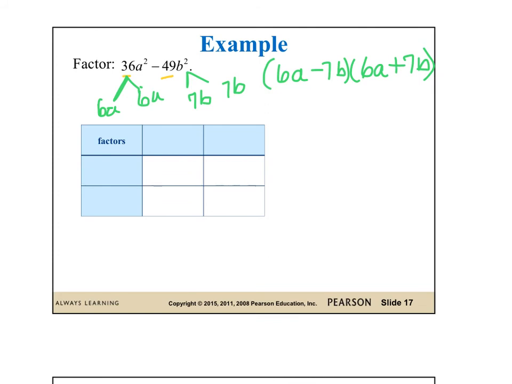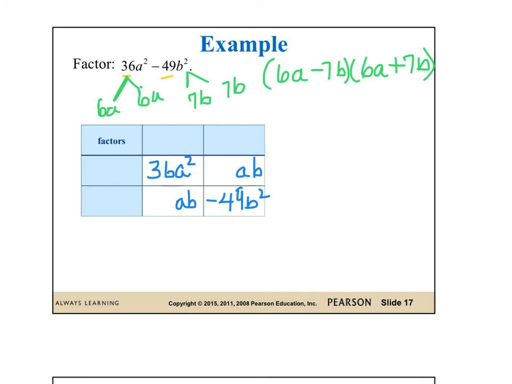If you do the other method, we have 36a squared and 49b squared, which is negative. And we know that this means there's going to be an A in each box. We know this means there's going to be a B in both boxes.